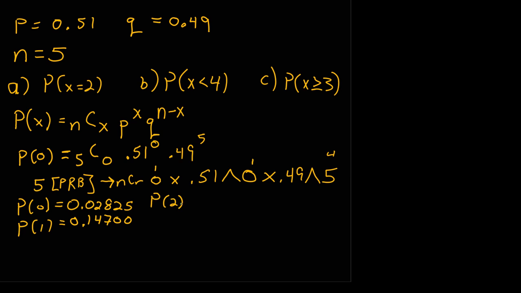My probability of 2: again, I'm going to up arrow, and replace this with a 2, this with a 2, and that with a 3. And I get 0.30601, keeping it to 5 decimal places.